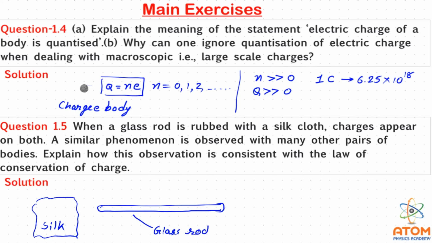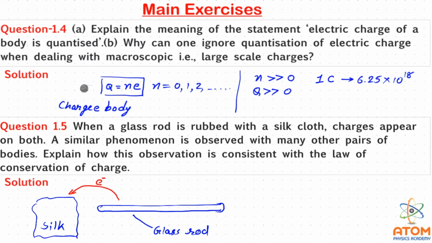Normally they both will be neutral. They both have atoms and they both will be neutral. When we rub them, electrons are transferred from this rod to the silk.